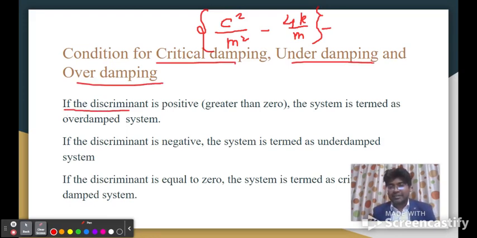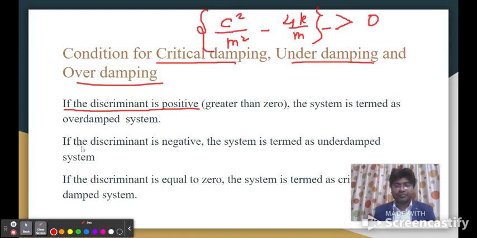If the discriminant is positive, that is, this value is greater than 0, the system is termed an overdamped system. It means the roots of the characteristic equation are purely real and distinct, corresponding to simple exponential decaying motion.